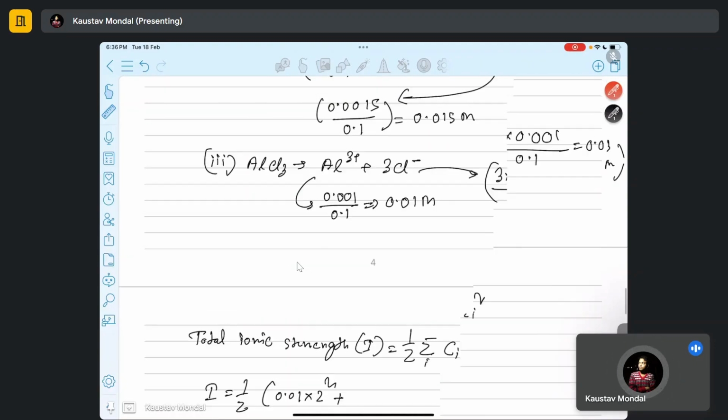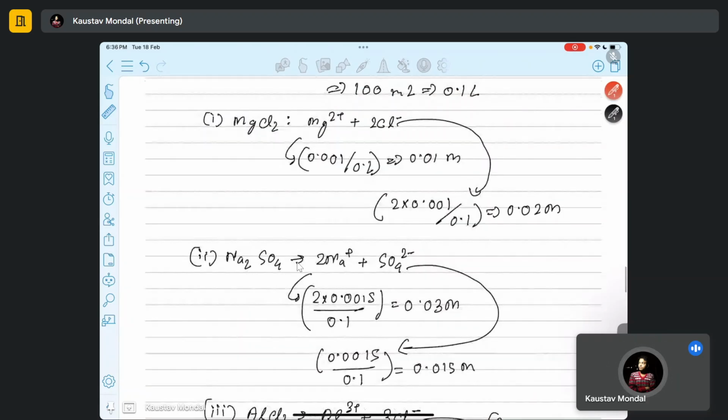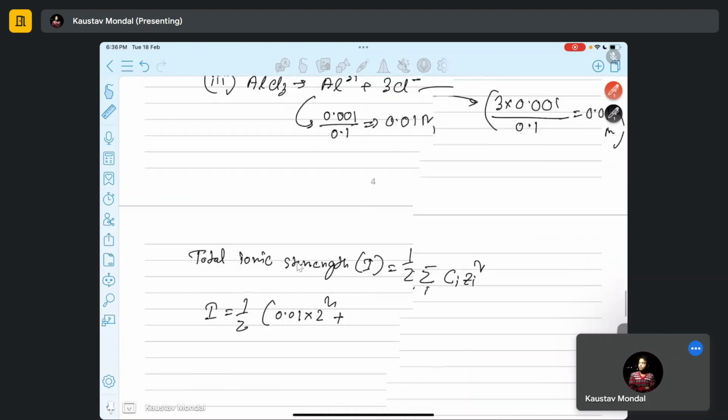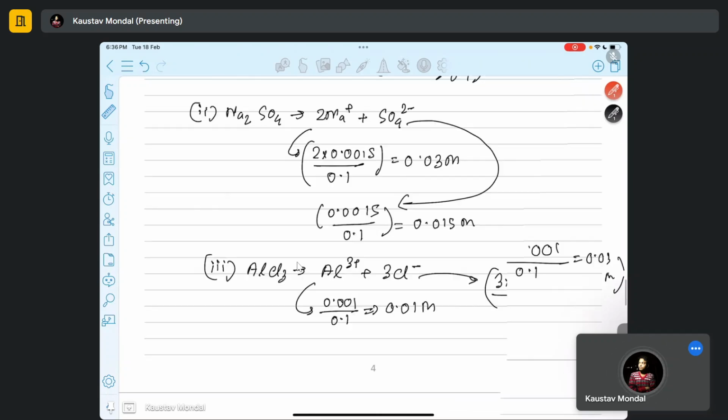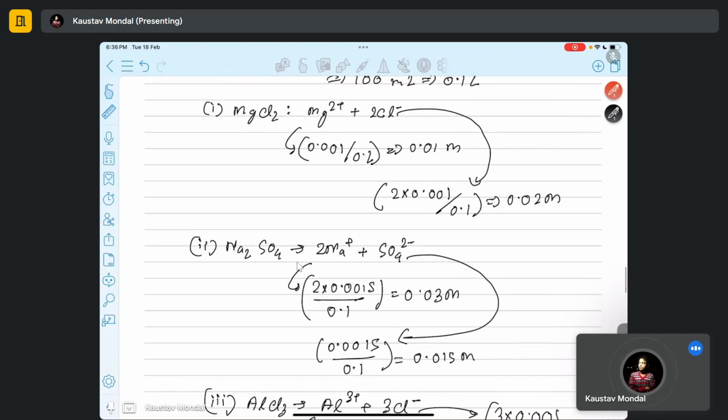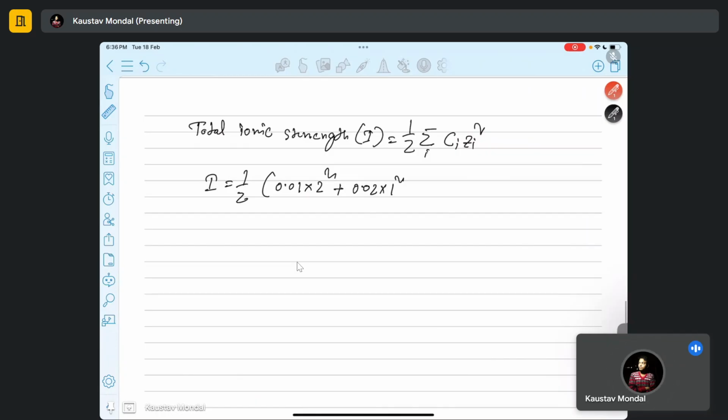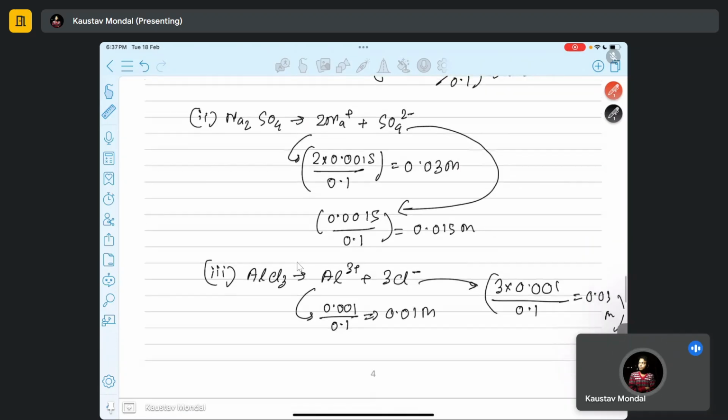Second comes from Cl-. Cl- has 0.02 M of concentration, and it has a single unit of anion, so 1 square. Third comes from Na2SO4.